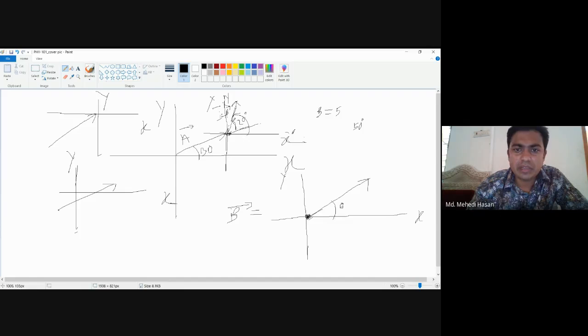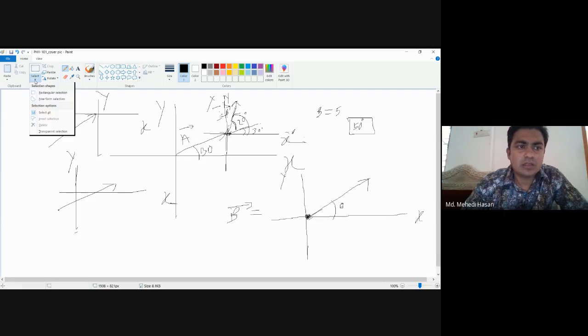Already 20 degrees is given with vector A, and vector A produces a 30 degree angle with the x-axis. So the angle will be 30 plus 20, which is 50 degrees. Clear? Yes, sir. Okay, so this is the procedure.